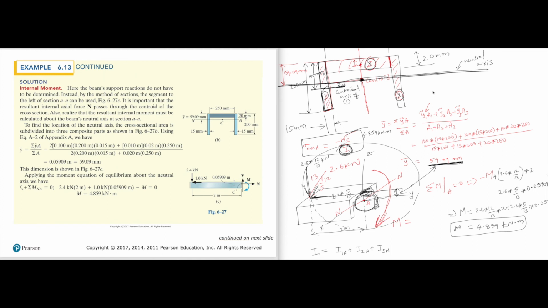So what I'll do is I will just erase this part because I know you've already taken that. And I want to write I1.